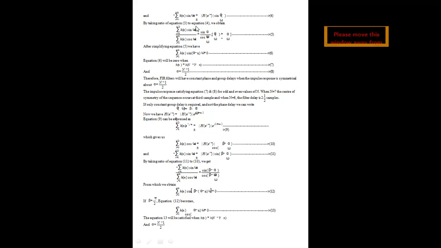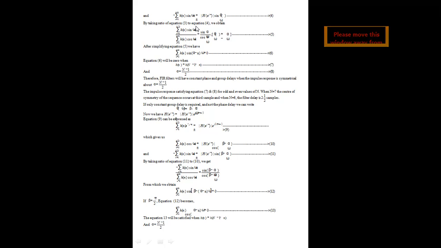So when we equate h of n to h of N minus 1 minus n, where alpha is equivalent to N minus 1 by 2, then obviously the equation can be equivalent to 0.